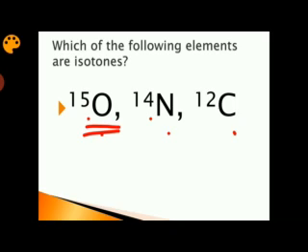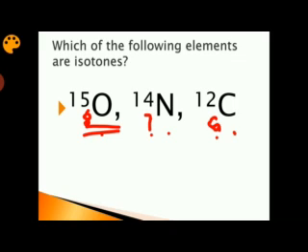I hope you all know the series of the periodic table by heart. You know the atomic number of carbon is 6, the atomic number of nitrogen is 7 and the atomic number of oxygen is 8. It is better to learn by heart the atomic numbers of different elements, at least up to 20.